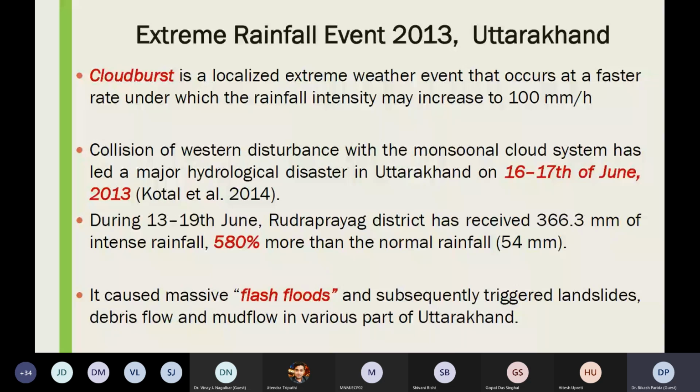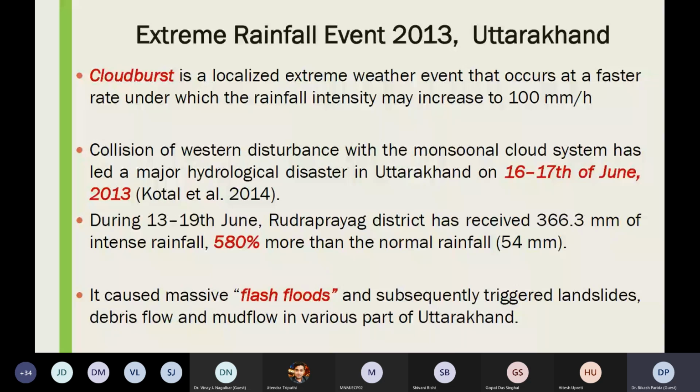As per the definition, if the rainfall intensity is more than 10 centimeter per hour, we call that kind of event a cloud burst. Cloud bursts are mostly found over the Himalayan regions, especially Himachal Pradesh and Uttarakhand, so often we get those kind of cloud bursts.